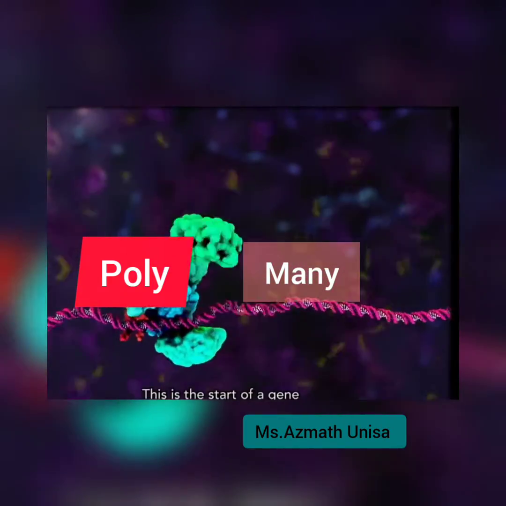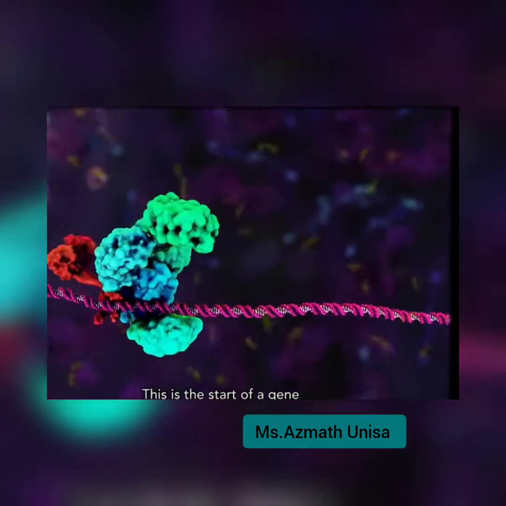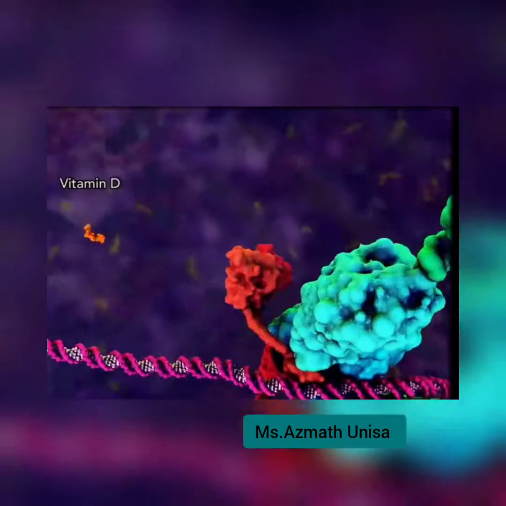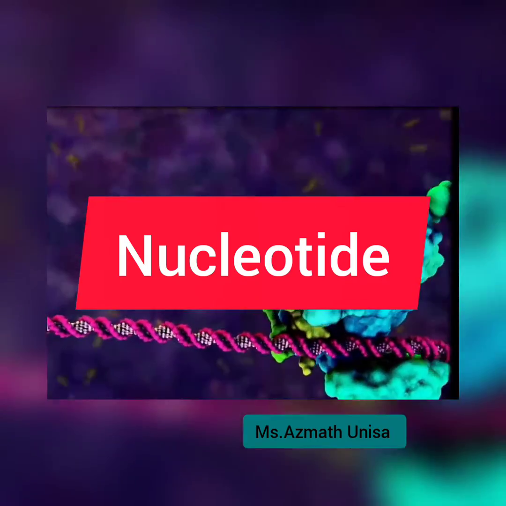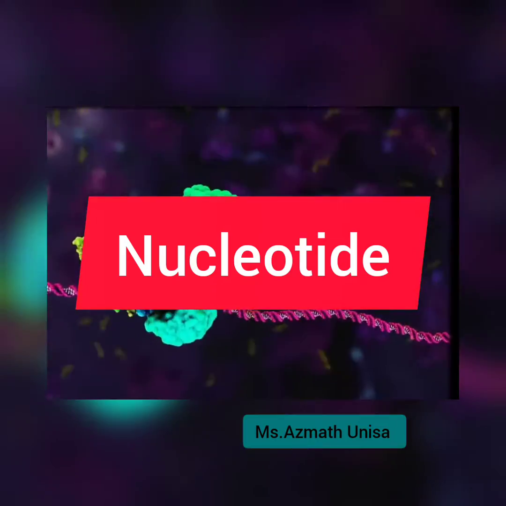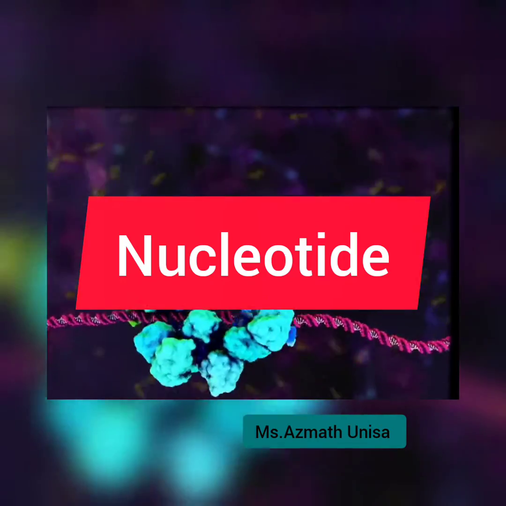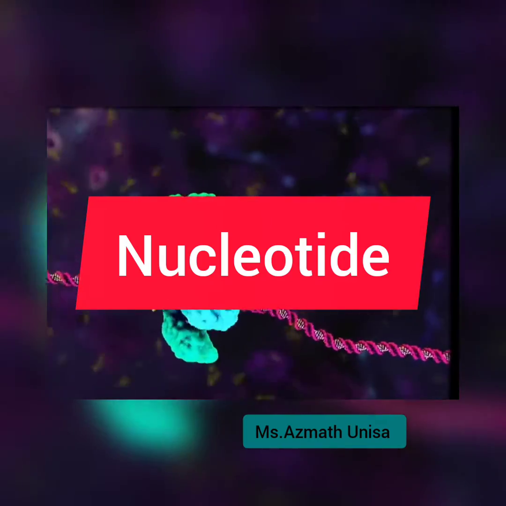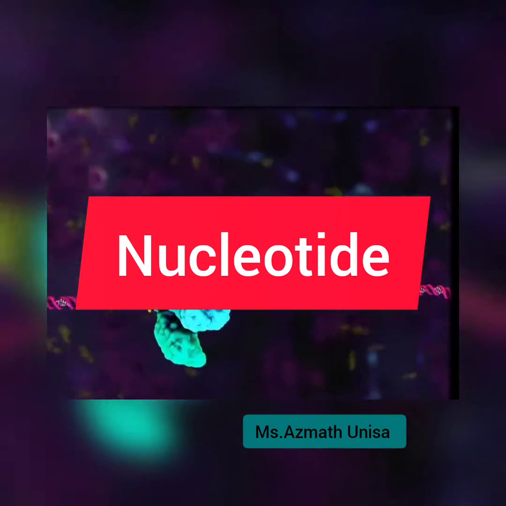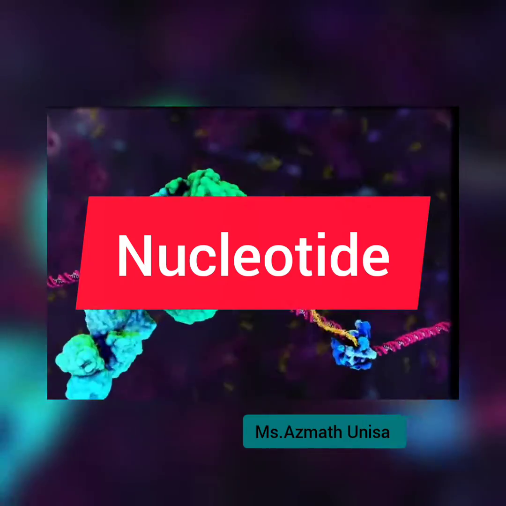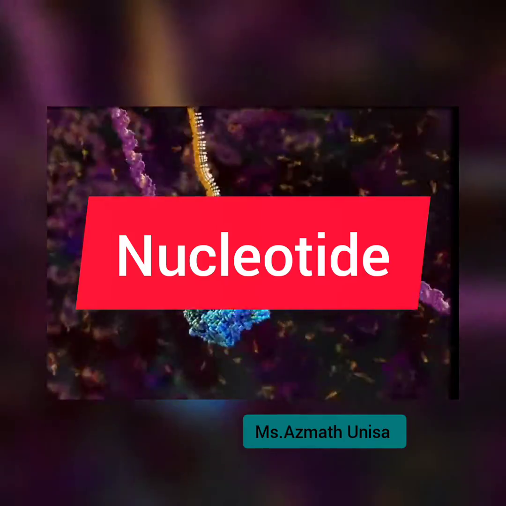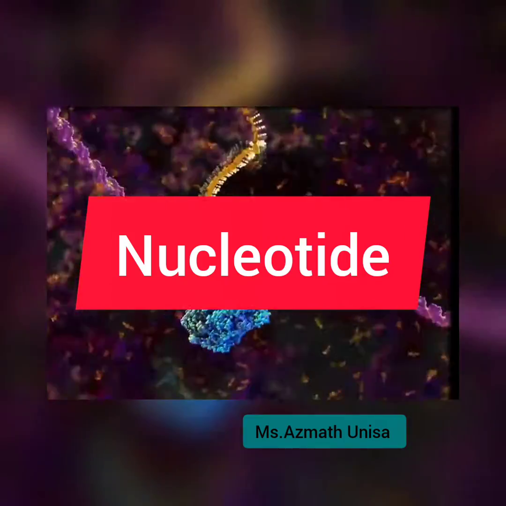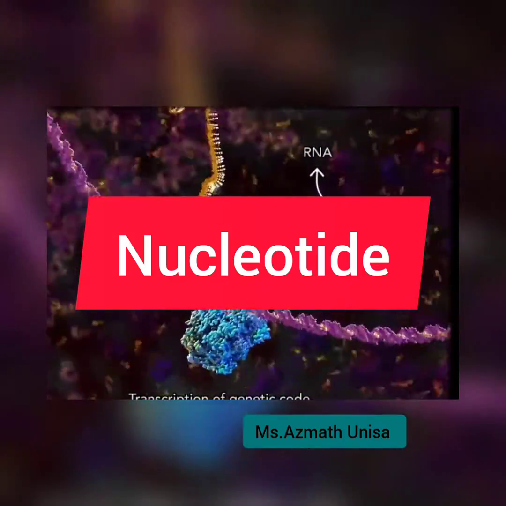Now then, what is a nucleotide? Let's take a look. Nucleotides are the organic molecules that serve as basic structural units for DNA and RNA, or you can say the basic structure of monomers, which, as we know, are the building blocks responsible for all life on Earth.